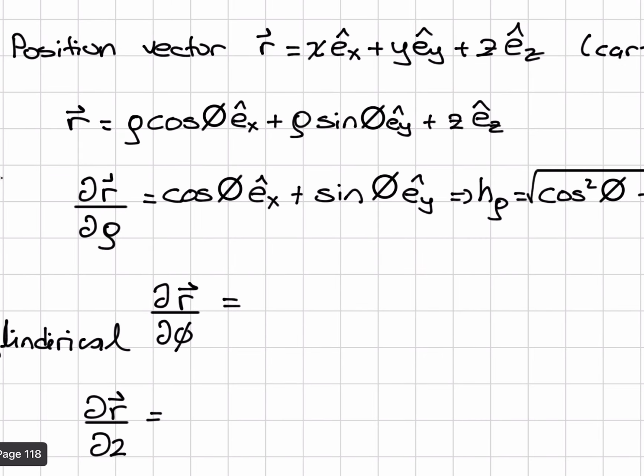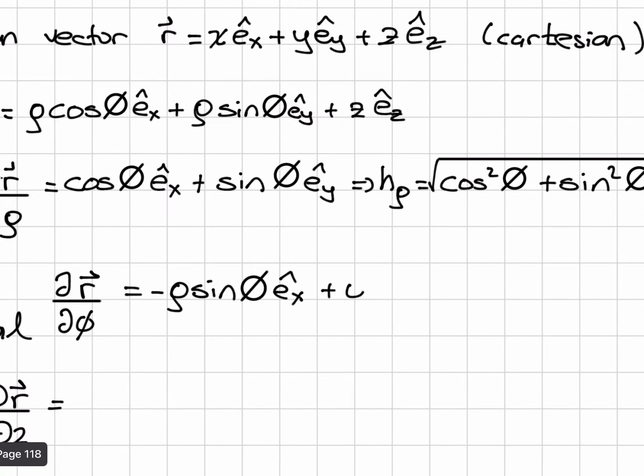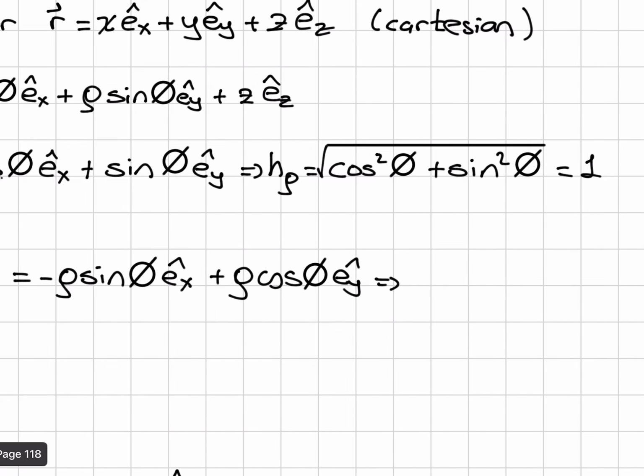As for phi, I have to take a derivative with respect to phi. I will get minus rho sine phi ex hat, and for the other term, rho cosine phi ey hat. The magnitude here will give me h phi, the scale factor for phi.